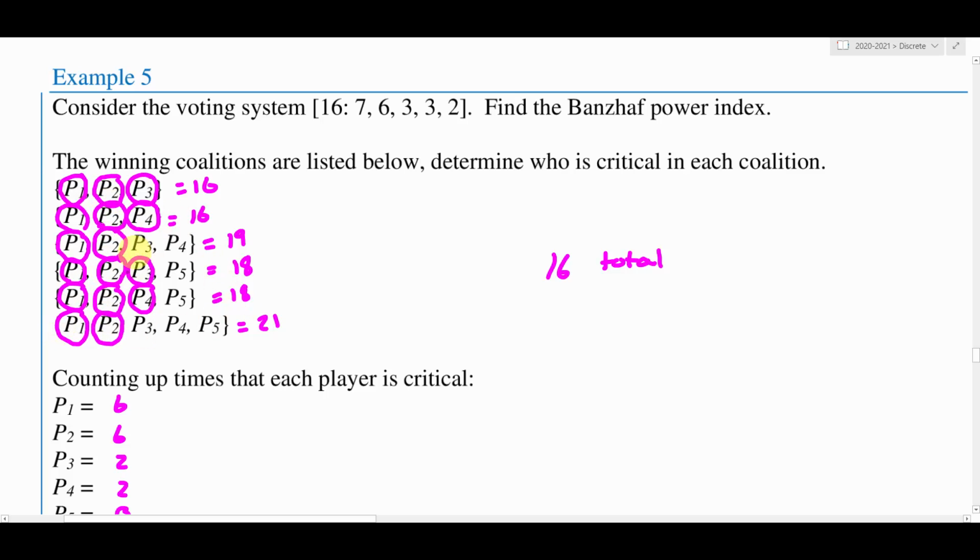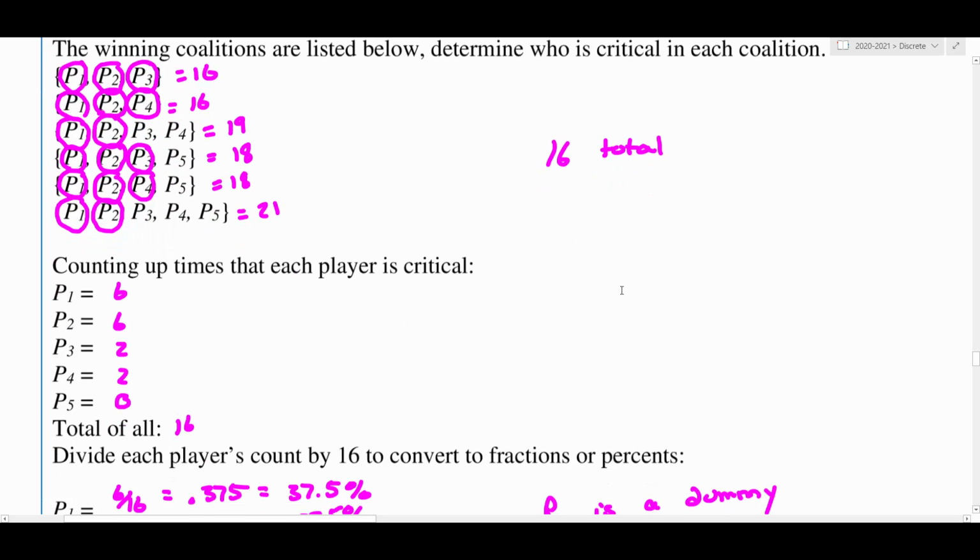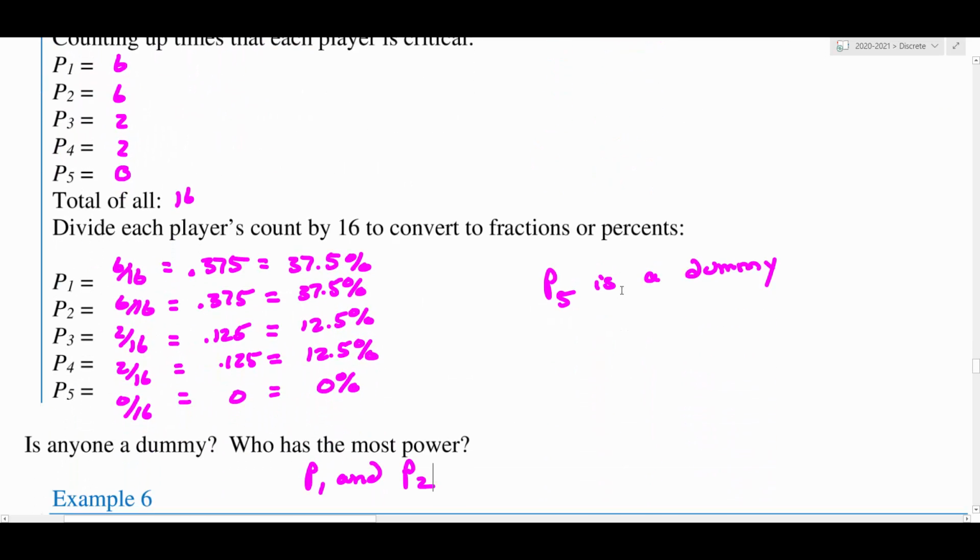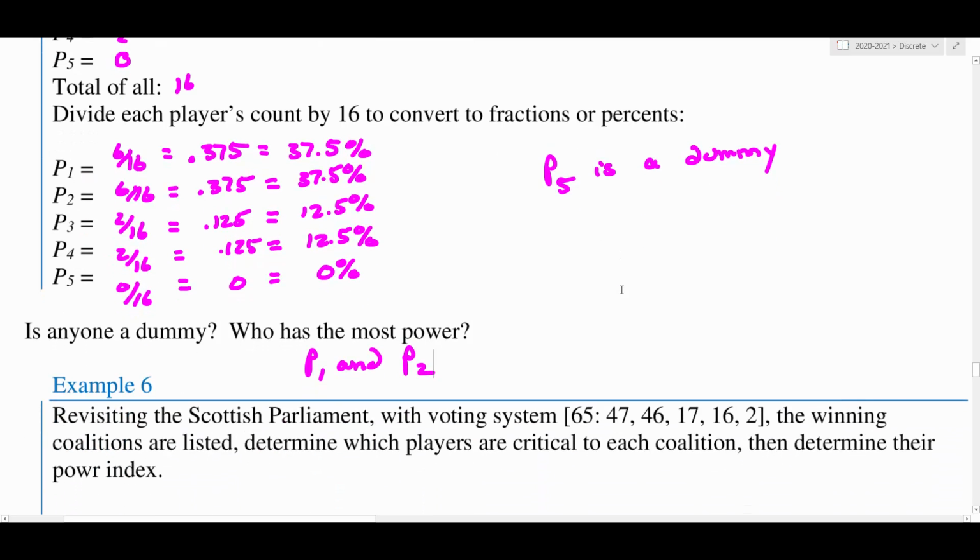None of these coalitions could be successful without either player 1 or player 2, so they have veto power. You cannot pass a measure without player 1 or player 2 being on board. So you would have to have both of them. So player 1 and player 2 have veto power.